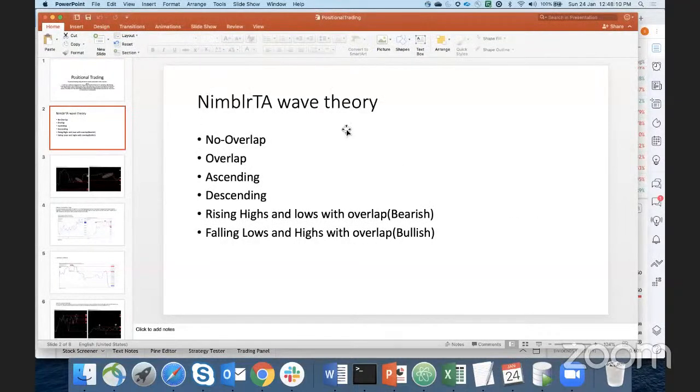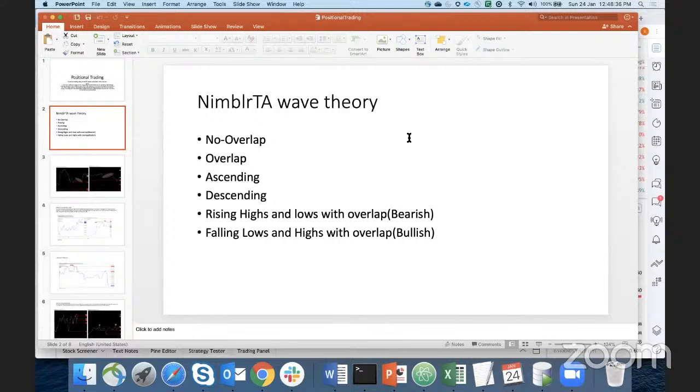So in this we are going to discuss NimblrTA wave theory. As you already know, there is no overlap, and different kinds of waves: ascending, descending, rising highs and lows with overlap, and falling lows and highs with overlap. These are the few waves I have gone through.